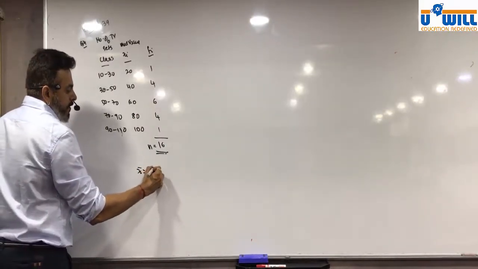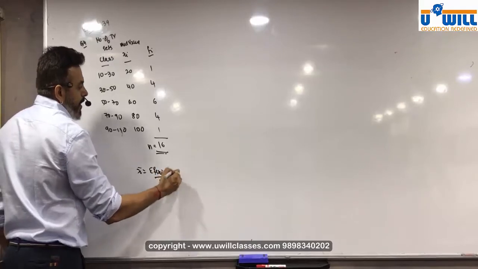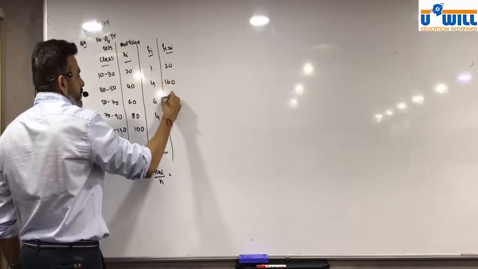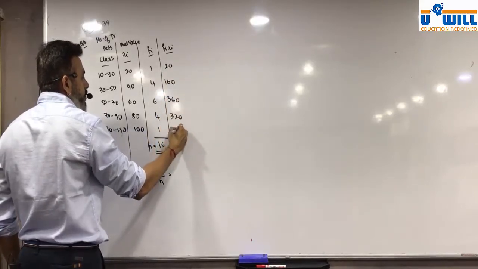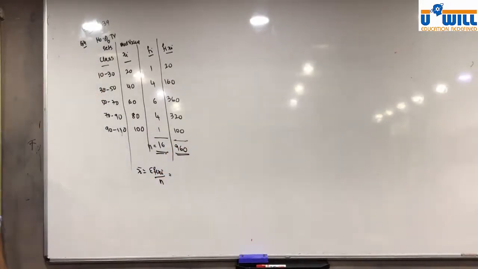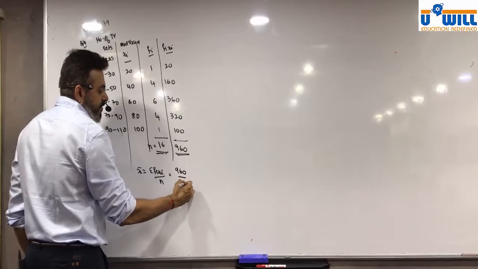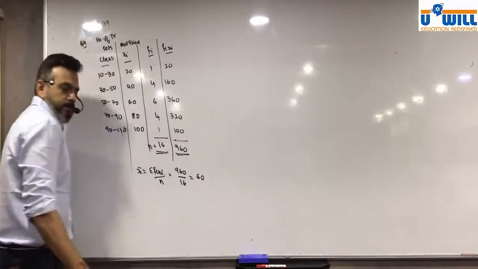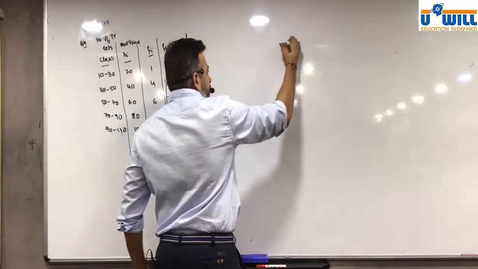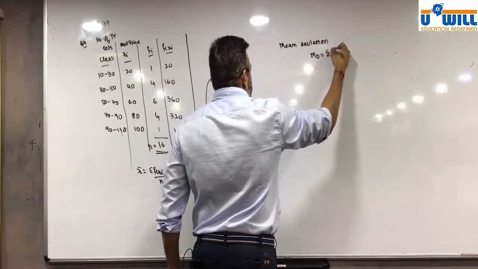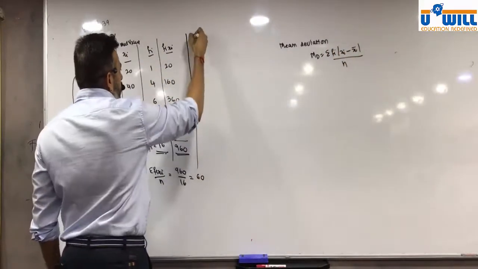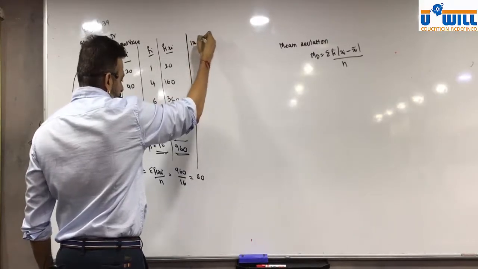First we have to find the mean. X bar is equal to sigma fi xi upon n. So find out fi into xi: 20, 160, 360, 320, 100, total 960. Find out mean first. 960 upon 16, 60. Now, we write the formula. Mean deviation is equal to sigma fi modulus xi minus x bar upon n. So the next column is modulus xi minus x bar.